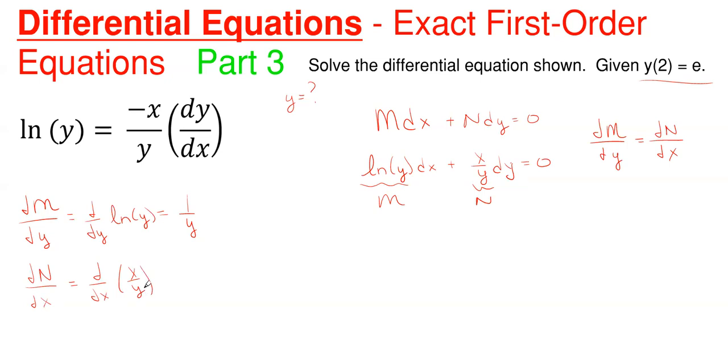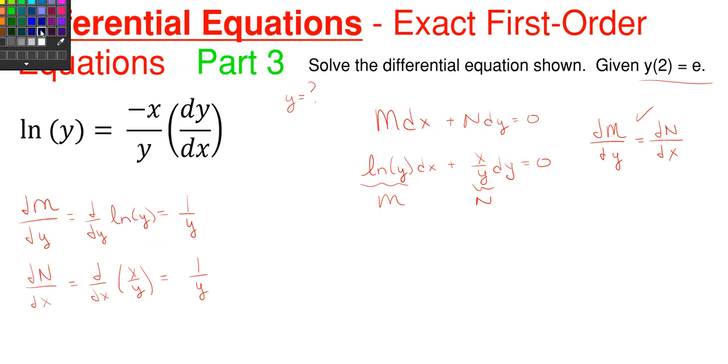Now, since there is a y in here, we'll have to treat that as a constant and then basically just take the derivative of x. And when we do so, we end up with 1 over y. So this holds true that the partial derivative of M with respect to y is equal to the partial derivative of N with respect to x. So we do have an exact first order differential equation.